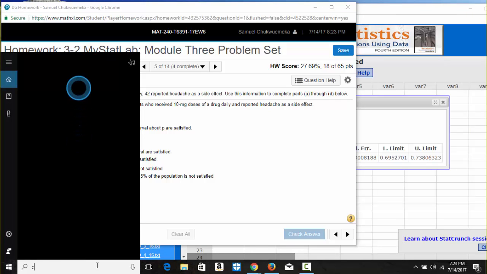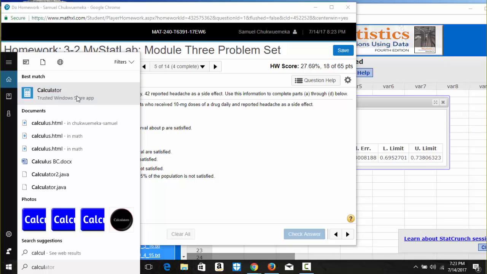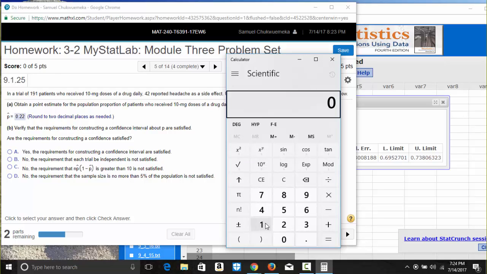So I'm going to just pull up the calculator here. 191 times 0.22 times 0.78, and that gives us more than 10.